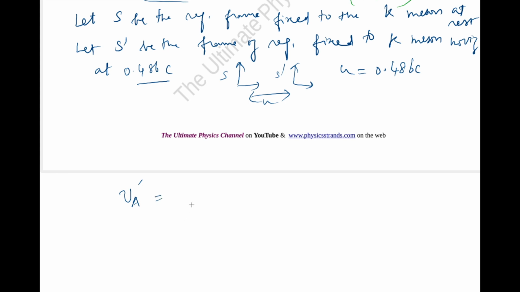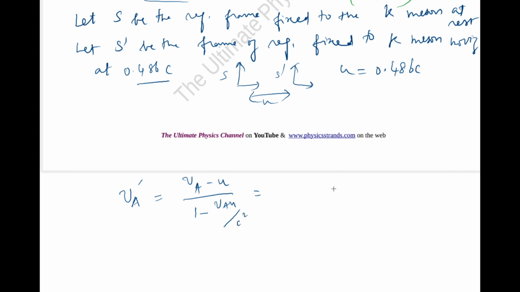So V A prime is equal to, in the S prime frame, because I want two particles here. The first particle I labeled as A. So for the first pi meson A, it is V A minus U over 1 minus V A times U over c squared.